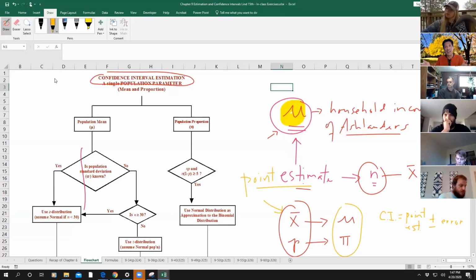So if you added the $5,000 to the 50,000, you get what is known as an upper limit. So if you added the margin of error to the point estimate, you have what is known as an upper limit. If you subtracted the margin of error from the point estimate, you have what is known as a lower limit. Okay?